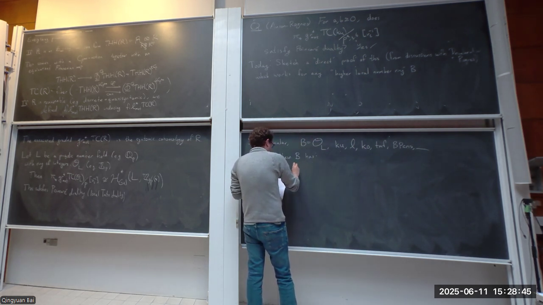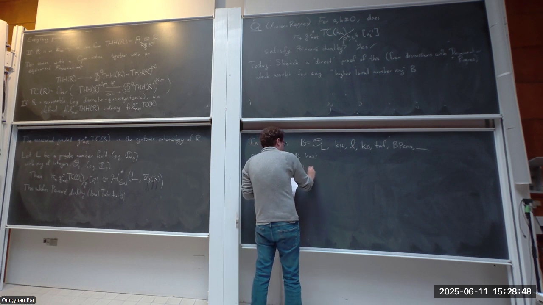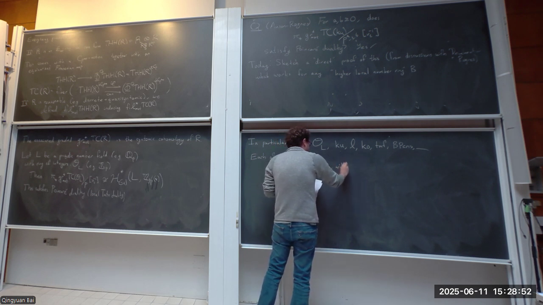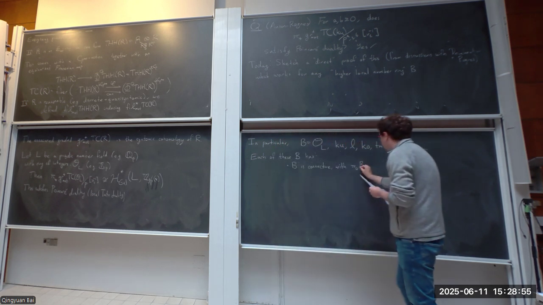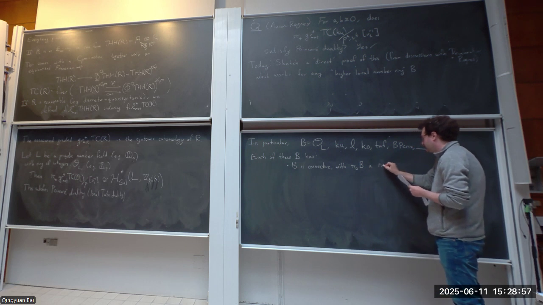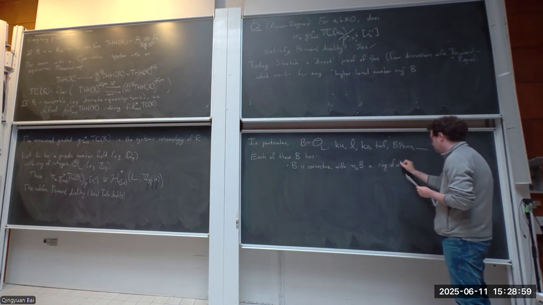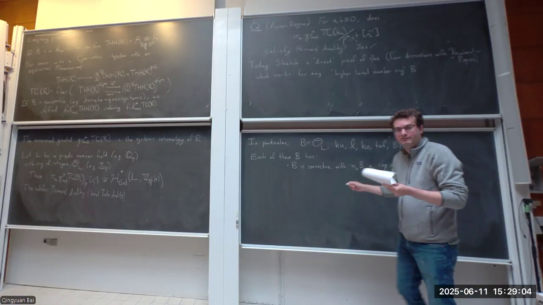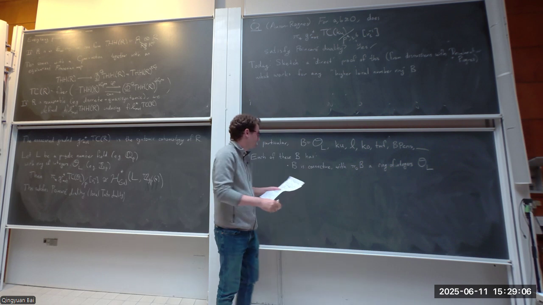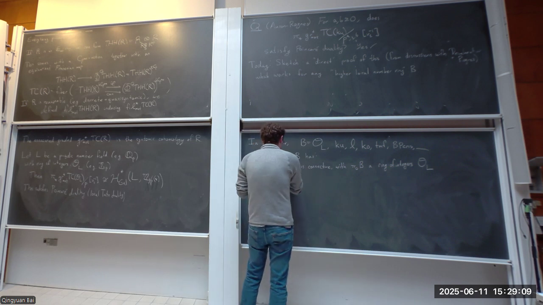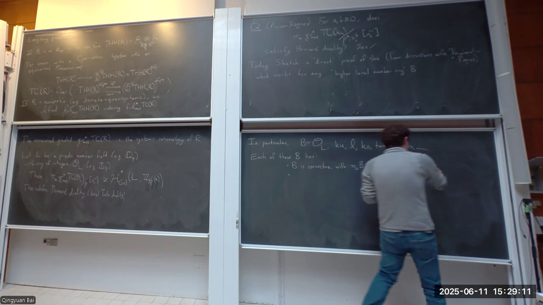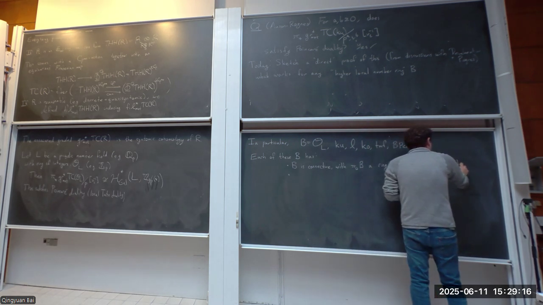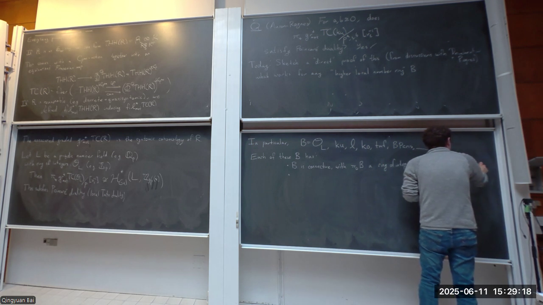First of all, this connective B with pi 0 a ring of integers in some number field. Let's call the residue field K, some finite field.